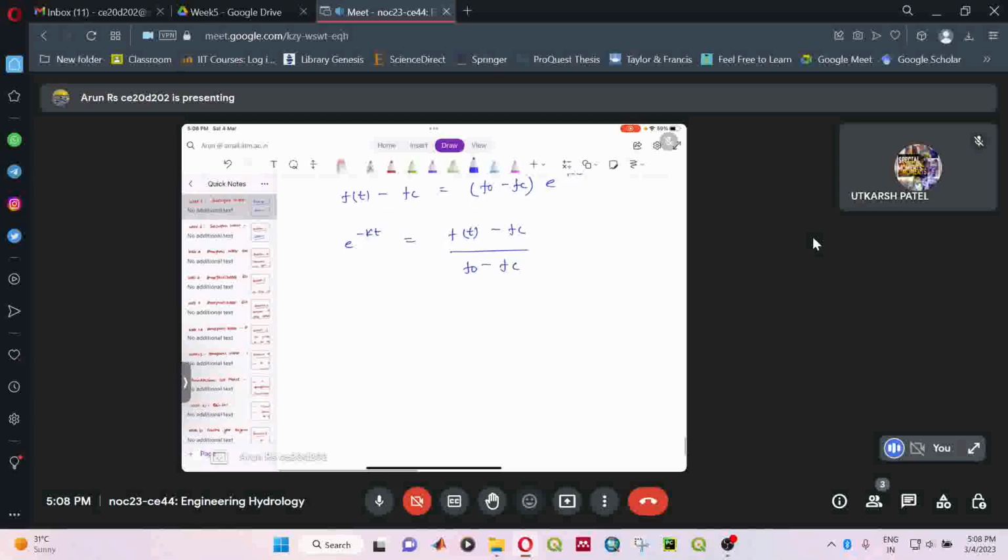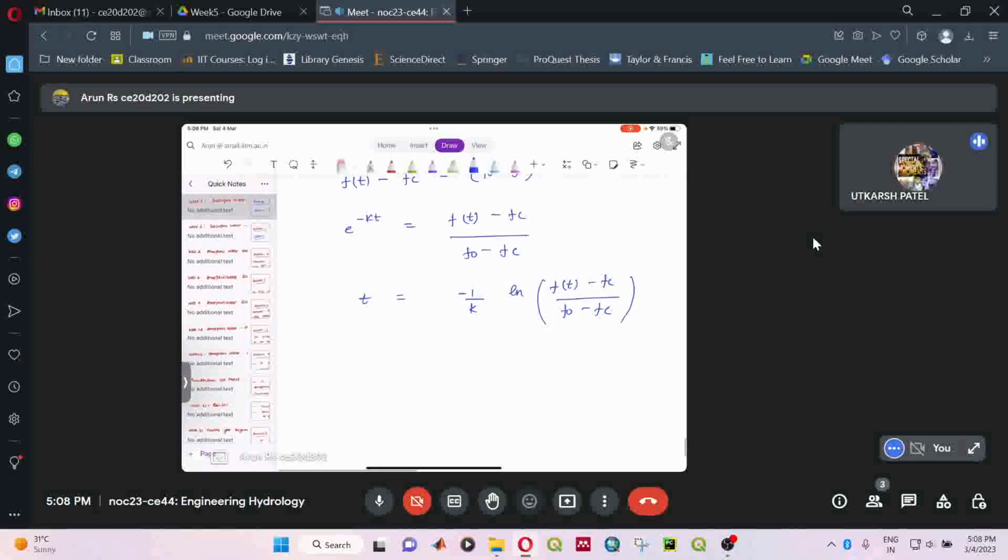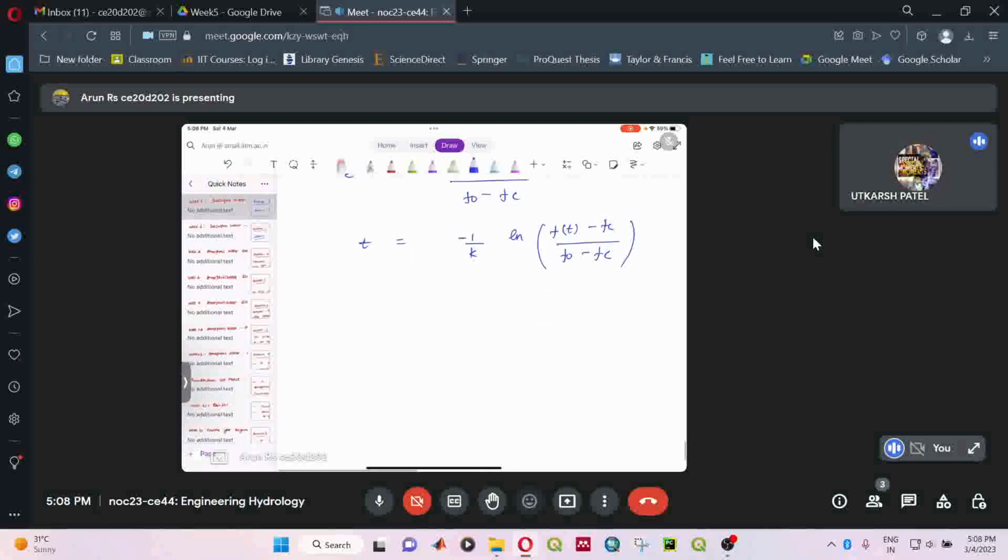And I am also going to find what t is: t is equal to minus 1 divided by k into ln of f of t minus fc divided by f naught minus fc. You are understanding this, right? Yes, sir. So these two equations we have now found.